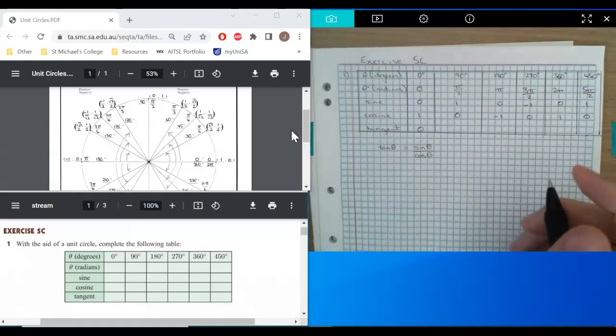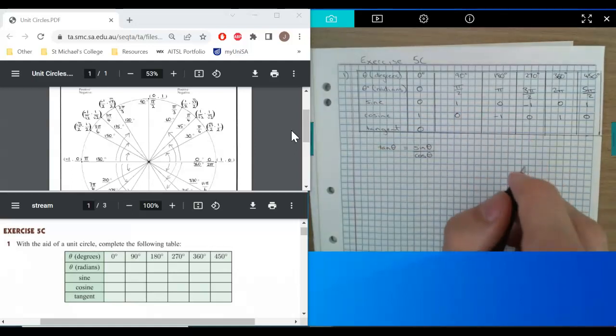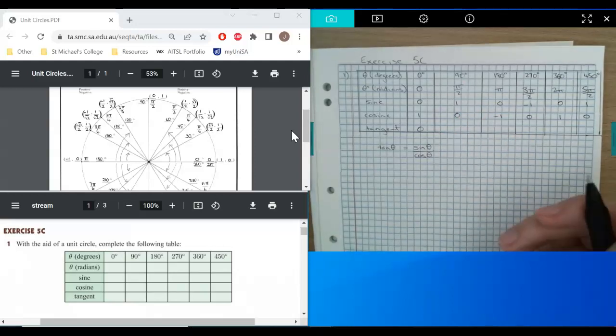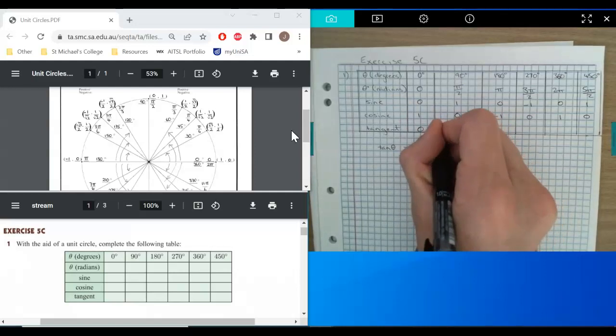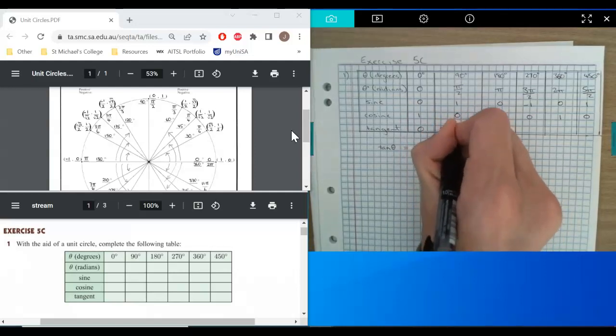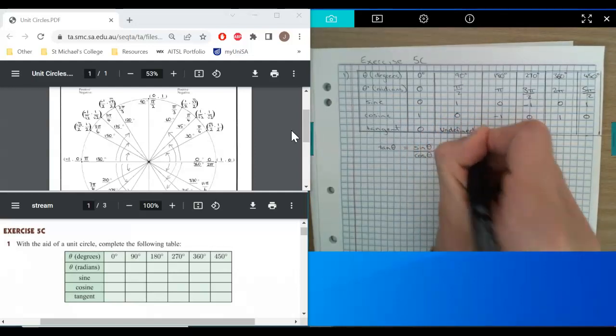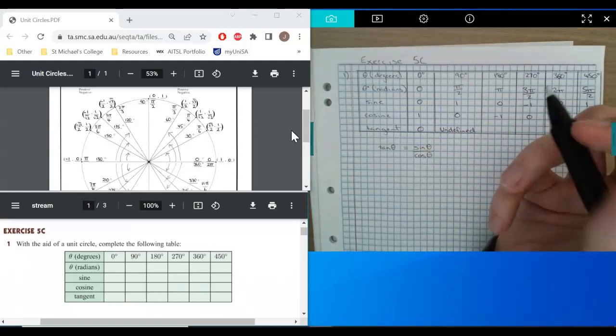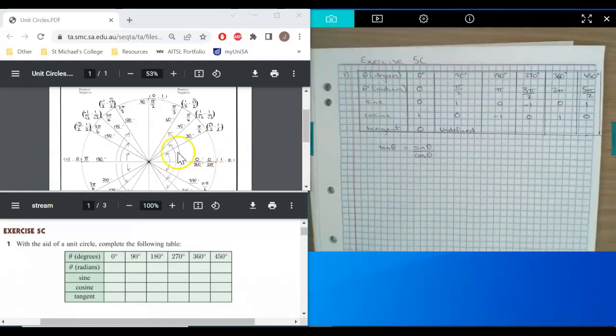What about 1 divided by 0 for 90 degrees or pi on 2? Well, can I divide anything by 0? No, which means that the tangent is going to be undefined. And remember, we could think about it as the slope of these radii. So at 90 degrees, the slope would be vertical, therefore it would be undefined.